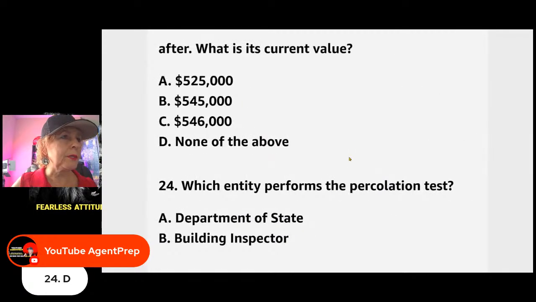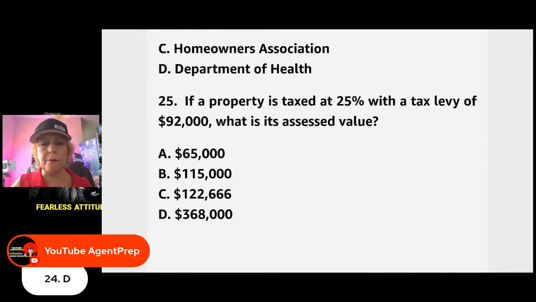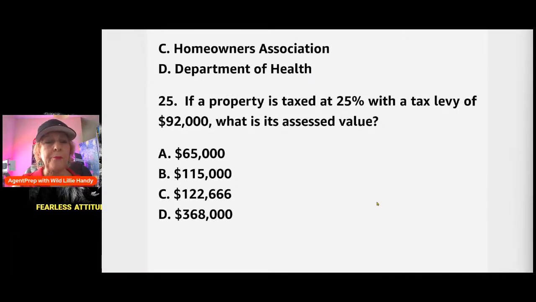Whoa, can't seem to get this right here. All right, number 25. If a property is taxed at 25% with a tax levy of $92,000, what is its assessed value? So A, 65,000, B, 115,000, C, 122,666, or D, 368.